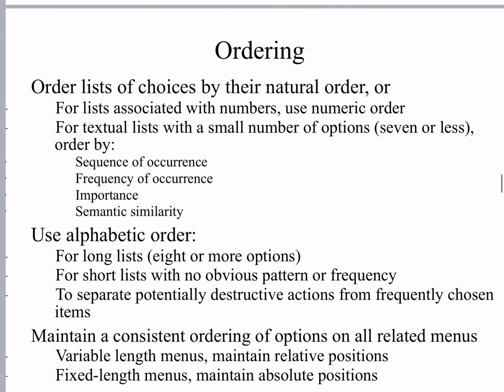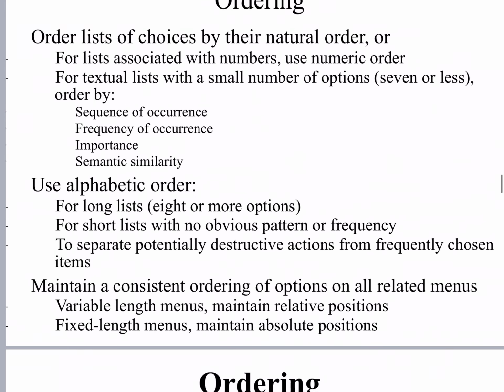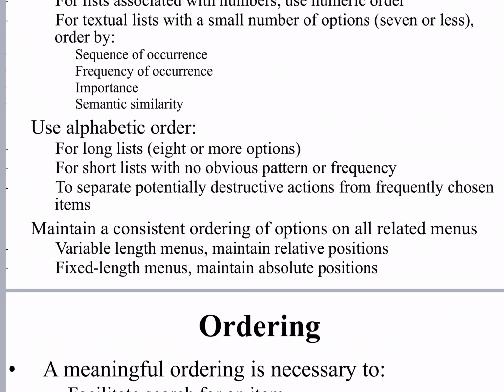Next is all about ordering. When it comes to ordering, the order should follow sequence, frequency of occurrence, importance, and semantic similarity. Alphabetic order is used for long lists, and for short lists with no obvious pattern, the order should still be maintained.